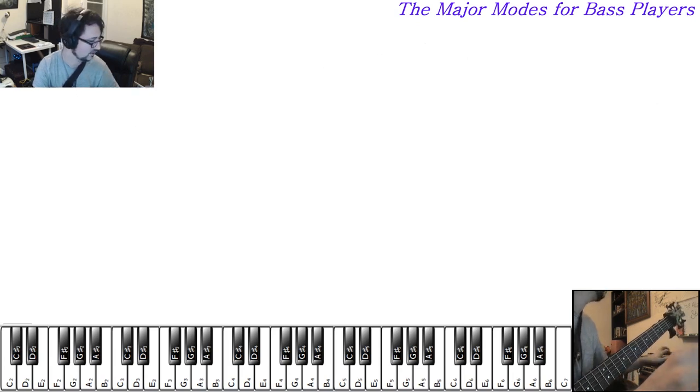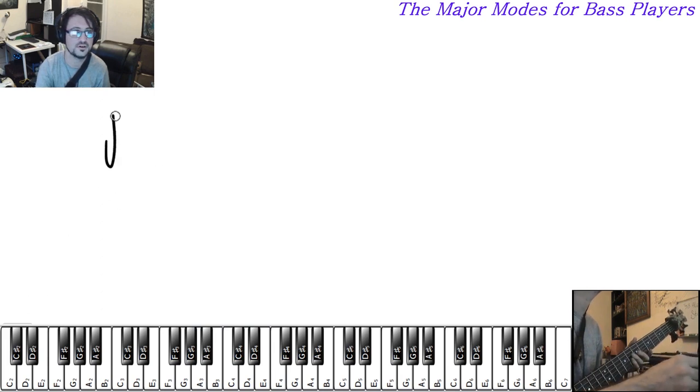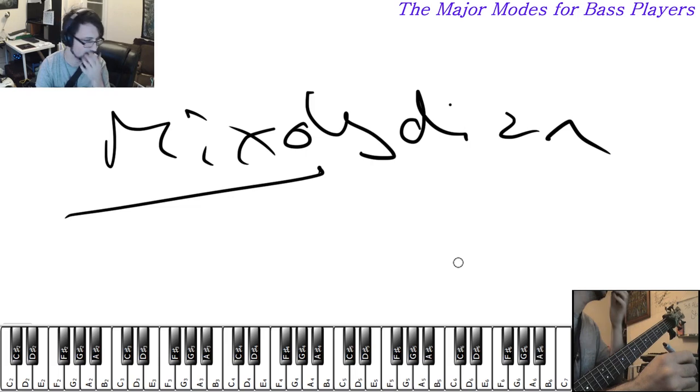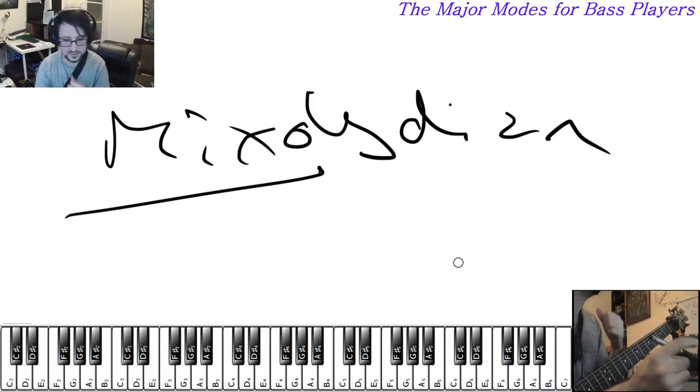Next we have the lovely and ever loved Mixolydian. So it's the same as Lydian, but with Mixo at the beginning.